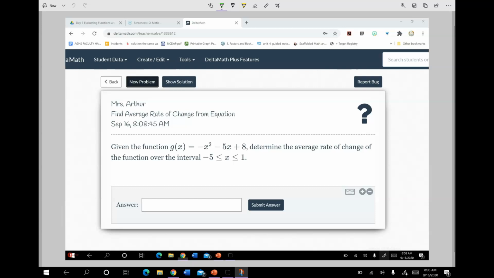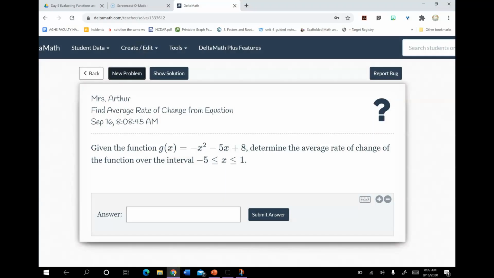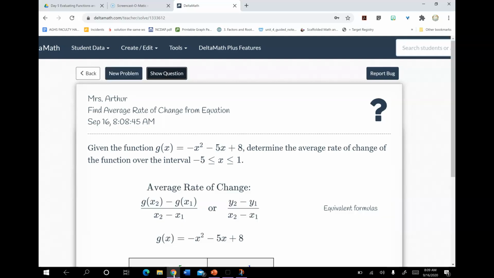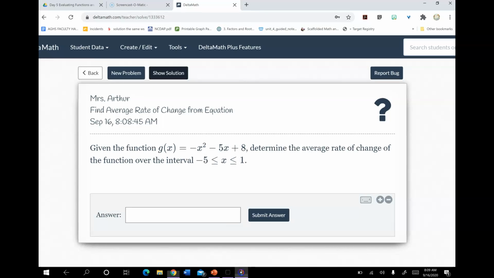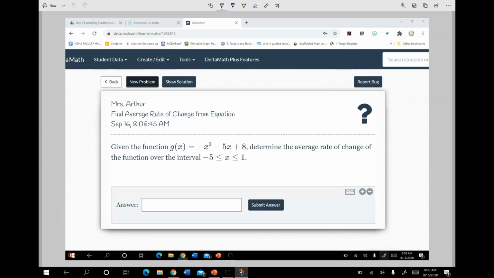See what you can do, especially before you get to the Delta Math. But again, with the Delta Math, it has a show me solution. Show you the solution if you want to see the written out work like this without my commentary, okay? It can help you out, all right? So do that problem. And let's go, so pause it.